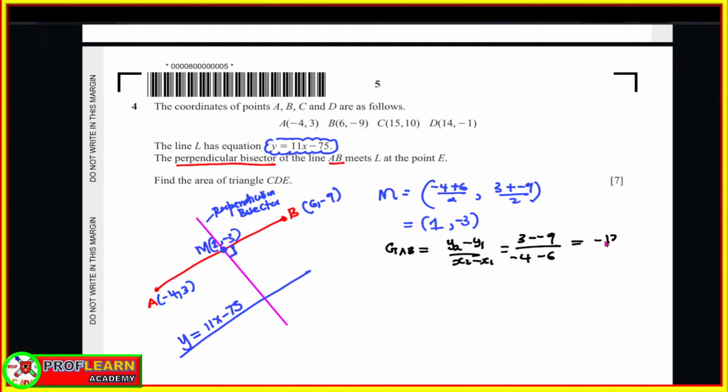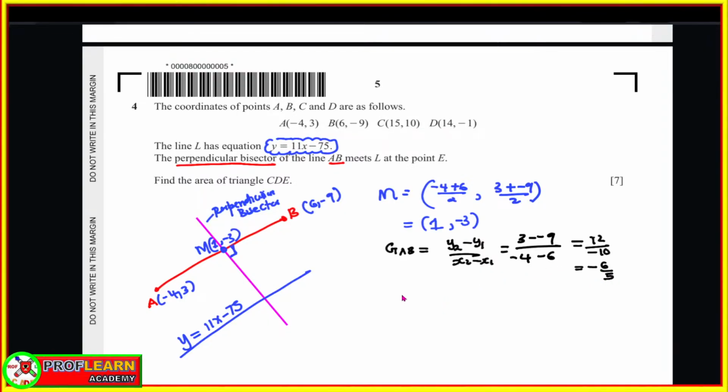This is positive 12 divided by negative 10, and that is going to be equal to minus 6 over 5.